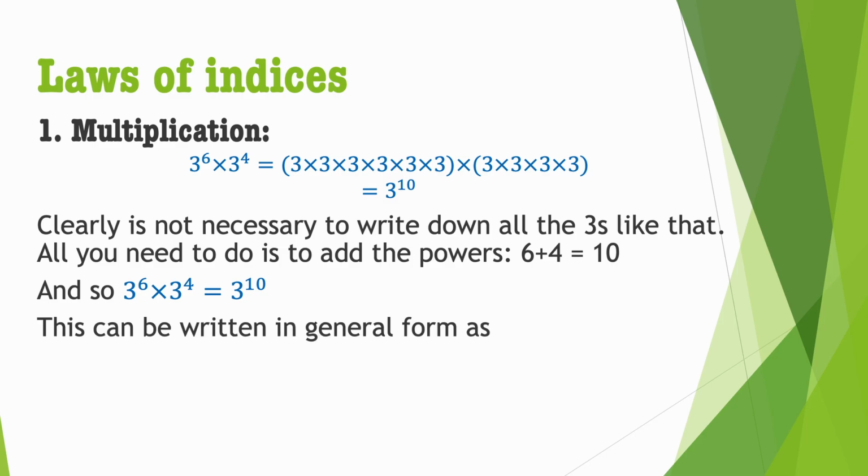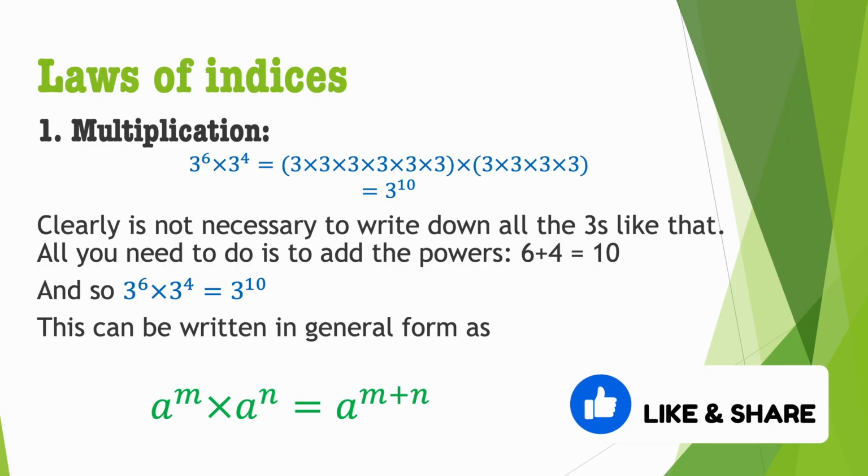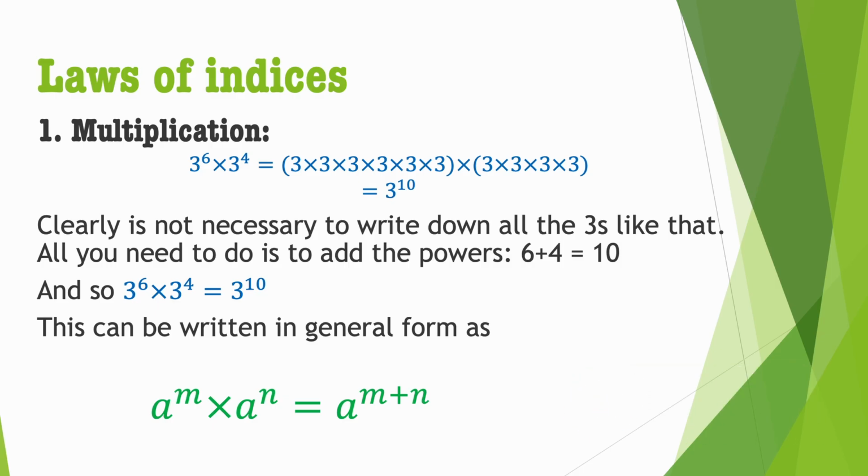This can be written in general form as our first law: a to power m times a to power n is actually a to power m plus n. So we add the powers. That is the first law of indices.